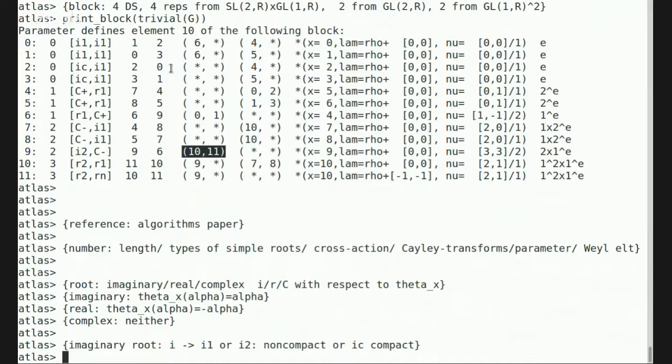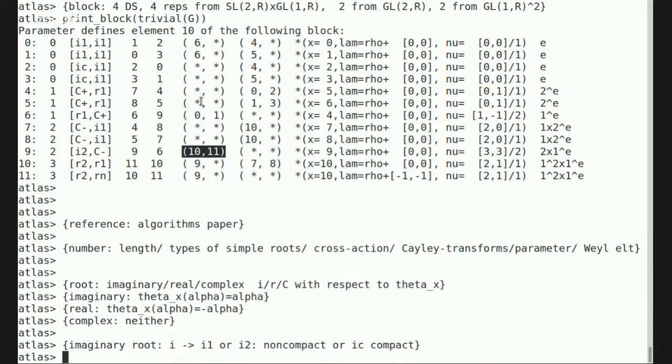Basically, these Cayley transforms and cross actions are operations which move you around an entire block. It's not exactly an action on the block, but if you start with any representation in the block, by doing a series of Cayley transforms and cross actions, you can get to any other.